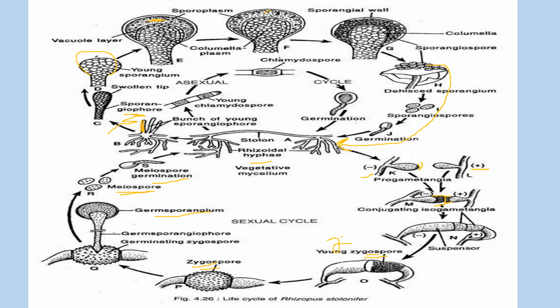The 2N phase starts here, and with the germination of the zygospore, the diploid stage is lost. So only the zygospore stage is the diploid stage in the life cycle of Rhizopus.